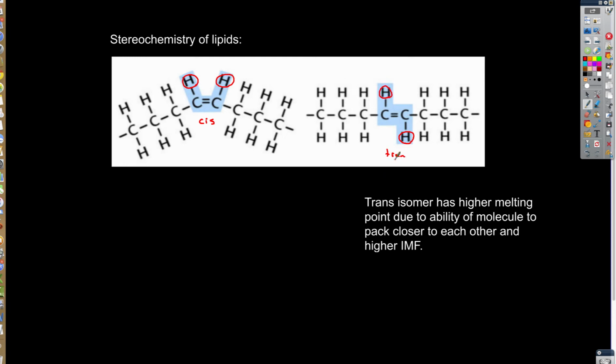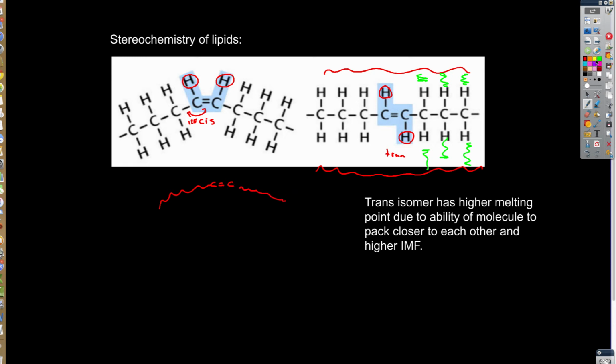Trans has a higher melting point because the next strand of molecules can pack together really nicely, and you have the intermolecular forces of London dispersion holding on to this molecule. If we look at the cis, because of this 120 degree angle, you are not capable of having nice packing.